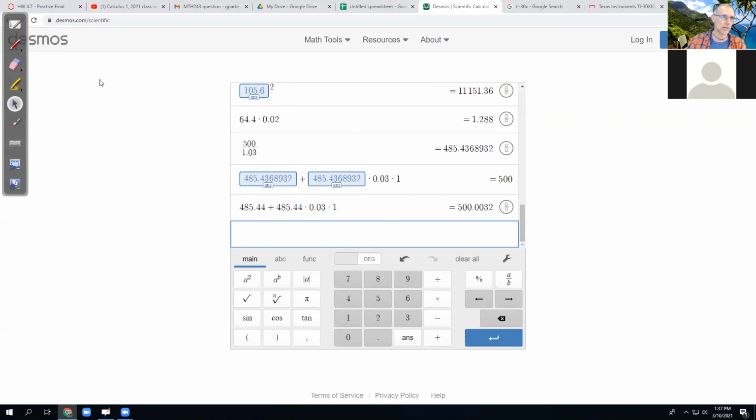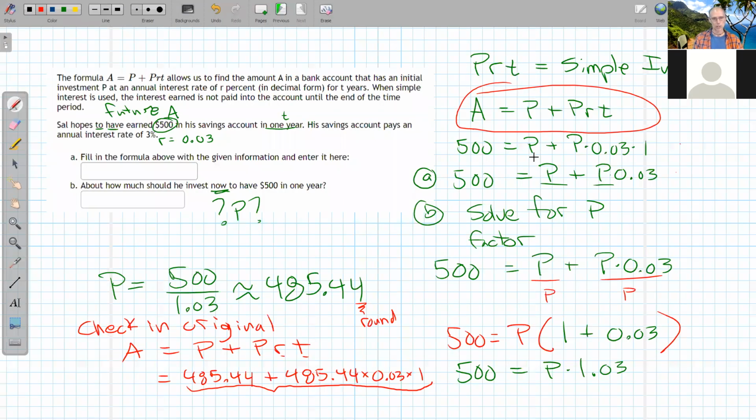So it checks. That's about 500. So I would invest, or Sal would invest, $485.44, so that he has $500 a year later. So he'll get almost $15 on his 485 over that year at 3%.